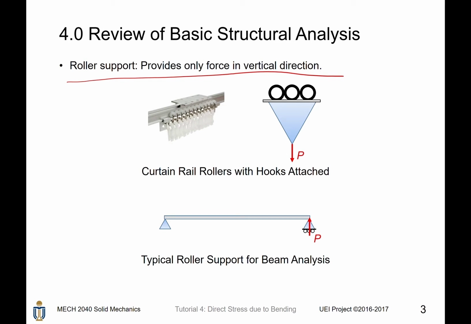Consequently, this roller support will drag the curtain upward. In beam analysis, the typical roller support is like this. For a simple beam, there is a pin as well as a roller support, and as you can observe, the roller support has some wheels under it. That means it will just provide a vertical force.